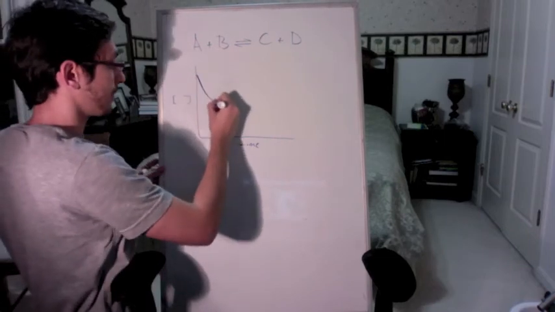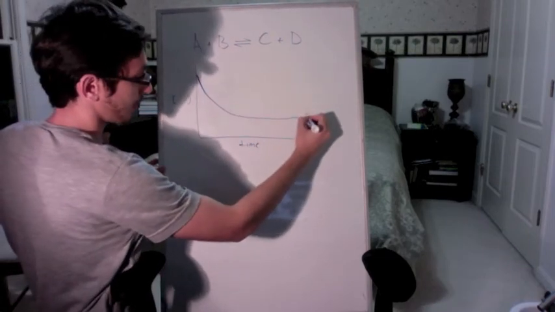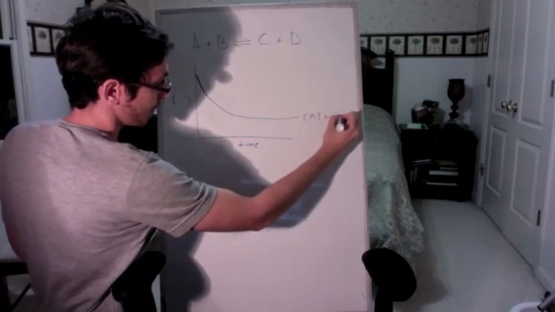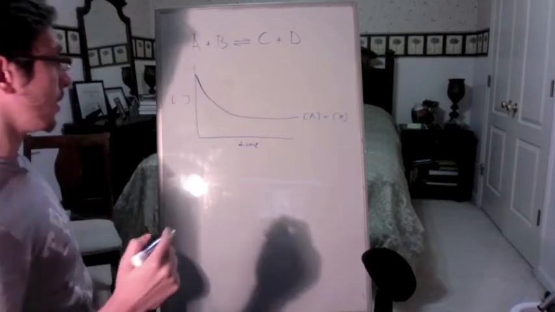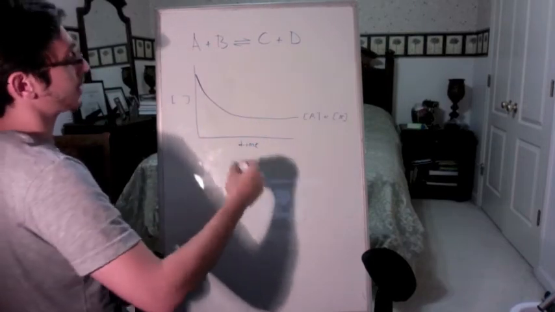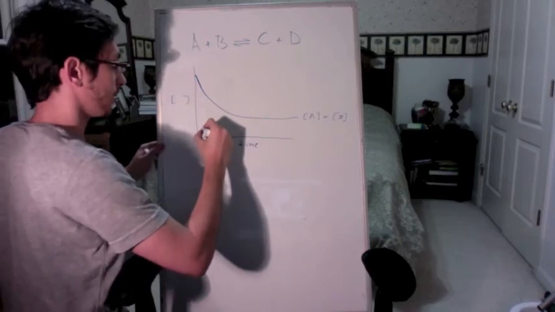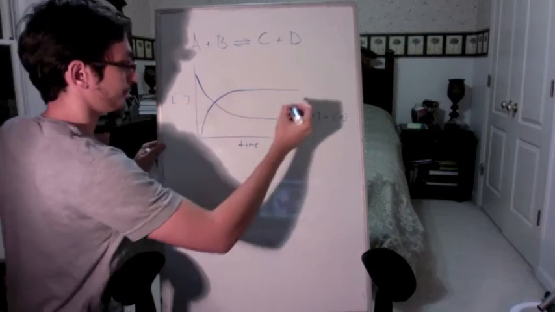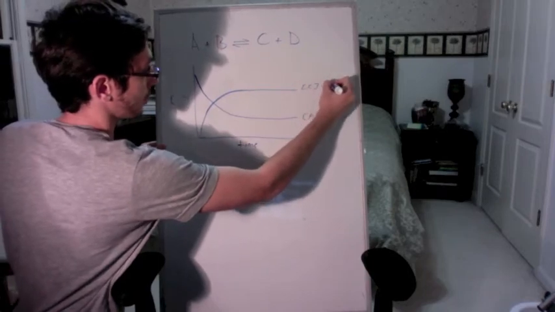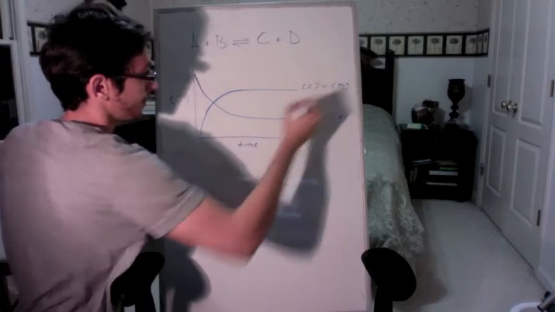Let's go ahead and draw that: concentration of A or concentration of B. Similarly, as the reactants react to form the products, the concentration of the products will increase: concentration of C or concentration of D.